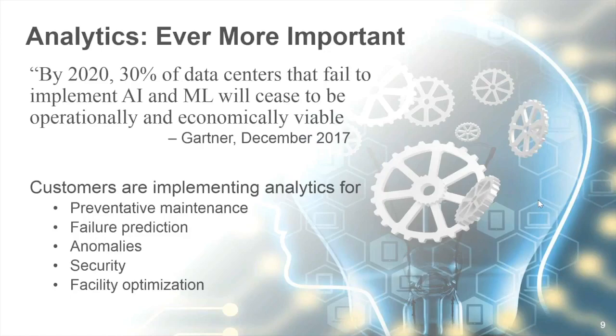And then finally, there's always facility optimization. And this is going to be optimizing the power, optimizing thermal. This is going to be optimizing availability, which is always going to be paramount. It's going to be optimizing the facility using data points that we never had available to us before. And this is what Gartner was getting at.